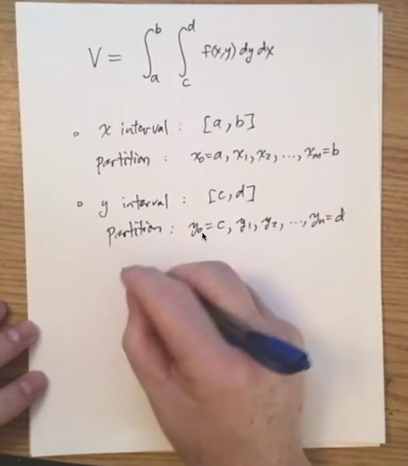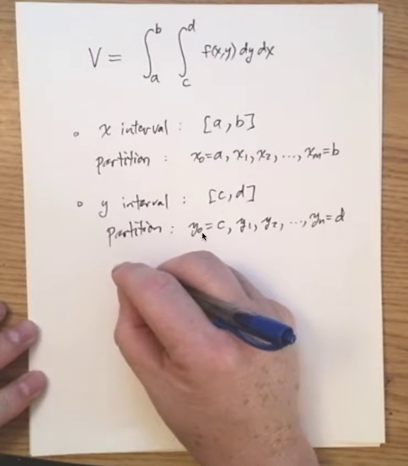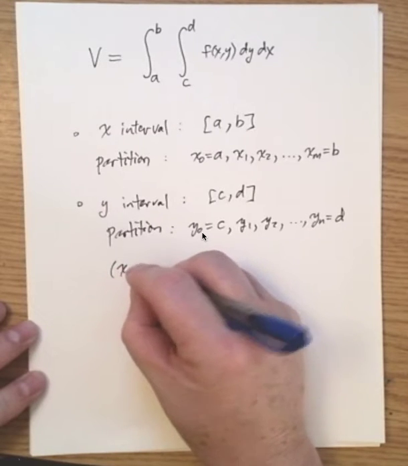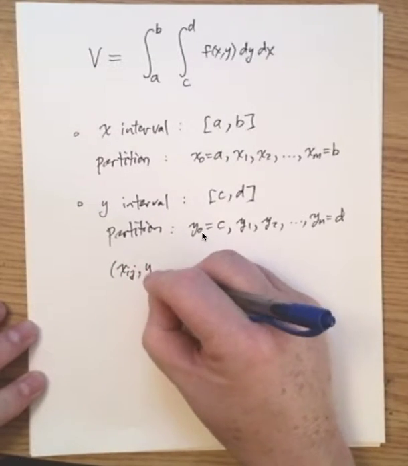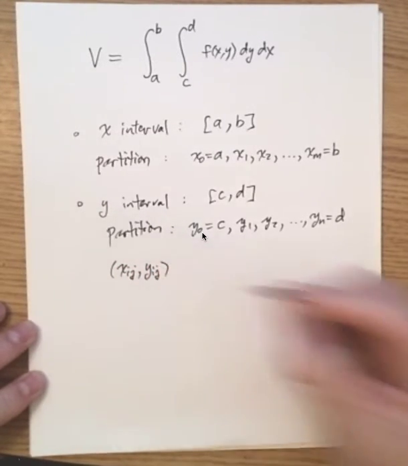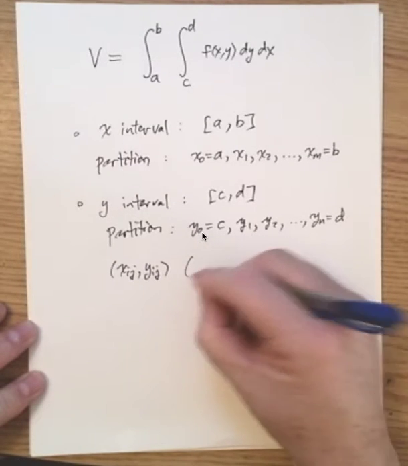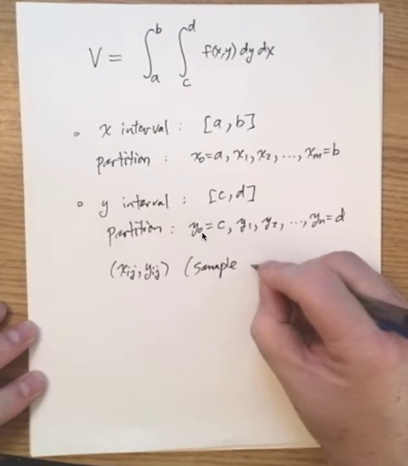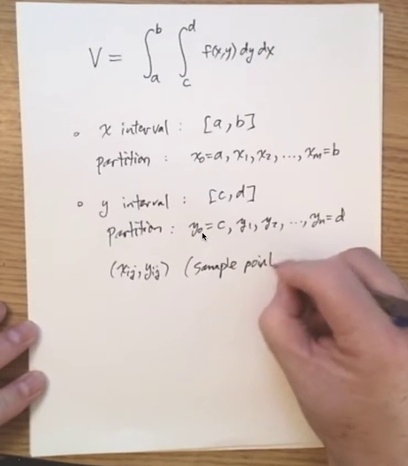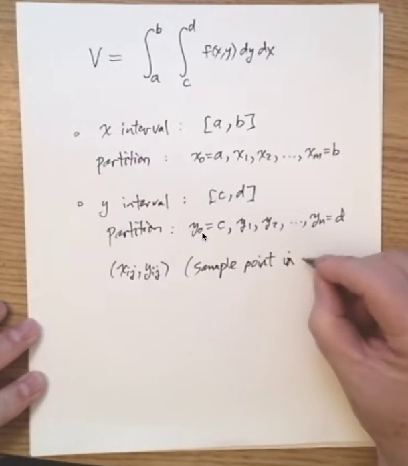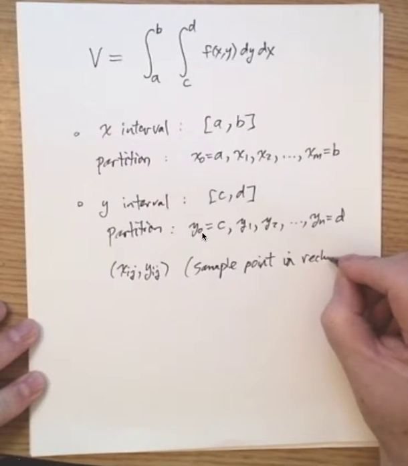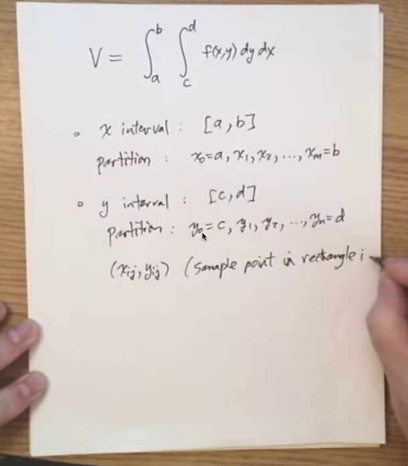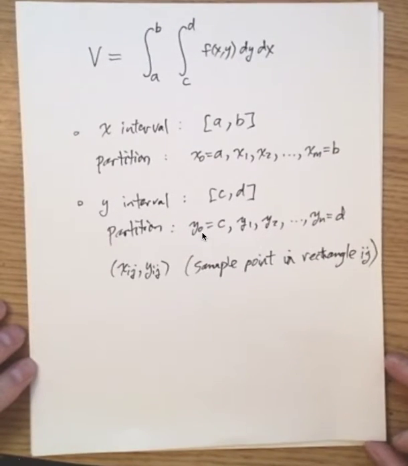Now, I've got the following. Suppose I've got x sub ij, y sub ij. This is a sample point in rectangle ij, what in the previous video was called r sub ij.